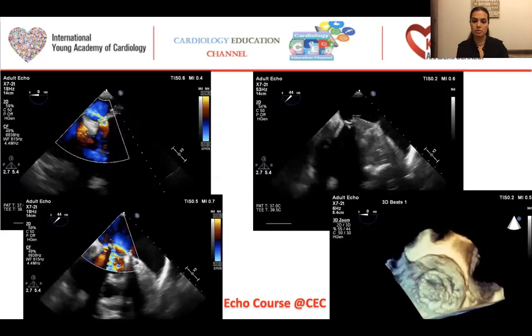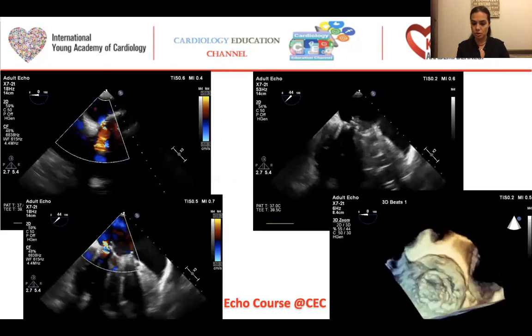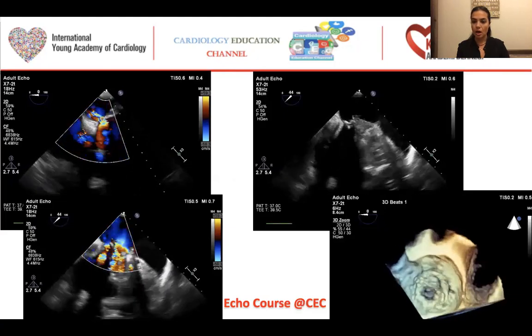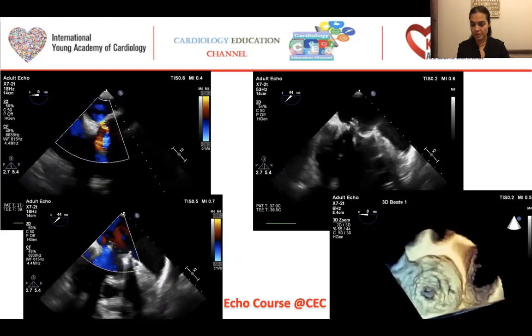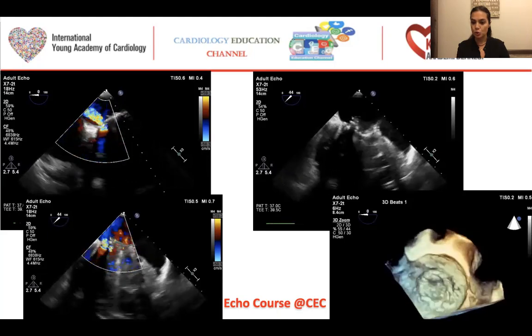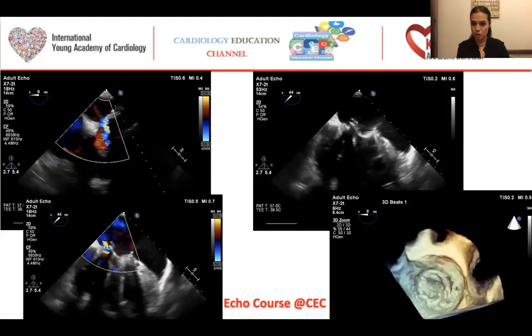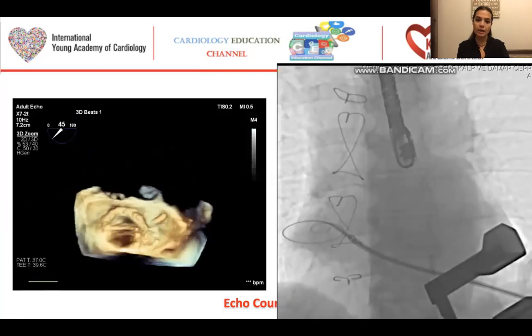Sorry for the movies. Yes, now it's working. On 3D images, as you can see here, we have the defect, a crescentic type defect, located nearly at the 2 to 3 o'clock position near the interatrial septum.